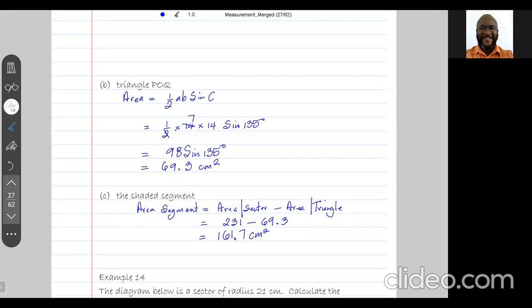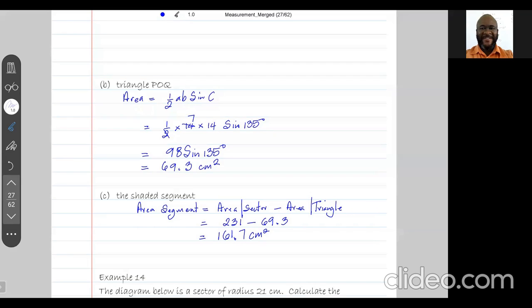All right. So what we have to remember here, again, is that a sector is one part segment and one part triangle, and that if we take away the triangle from the sector, what remains is the segment.